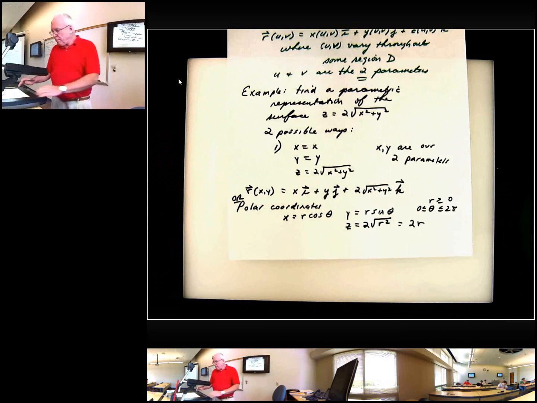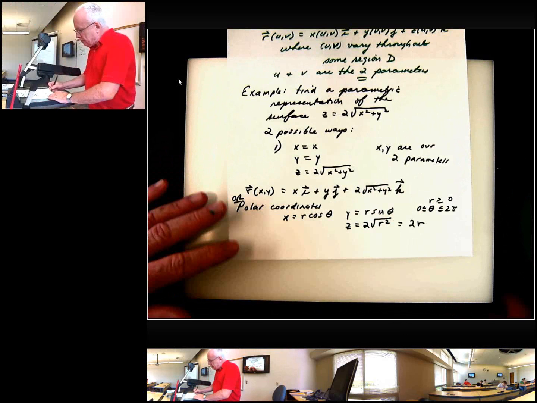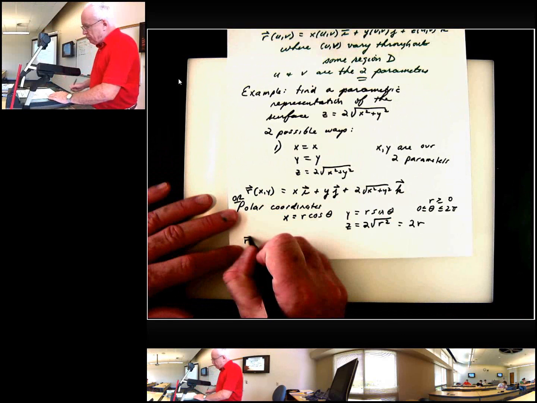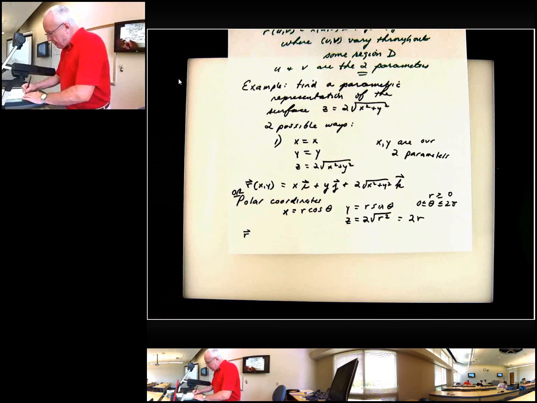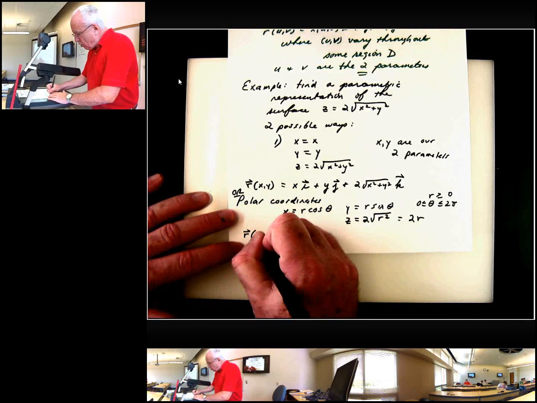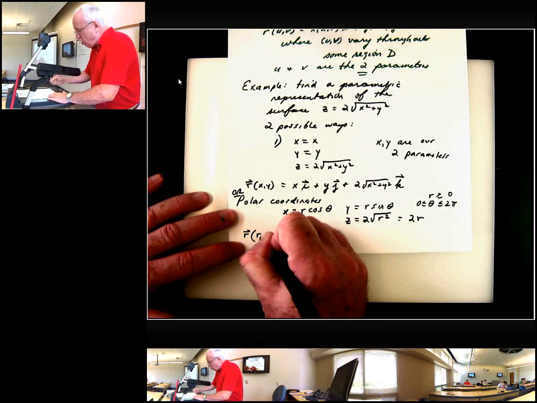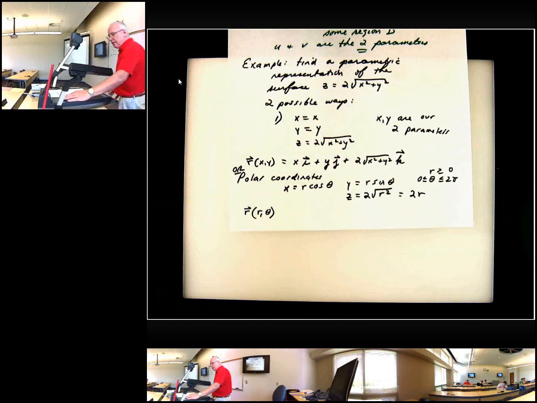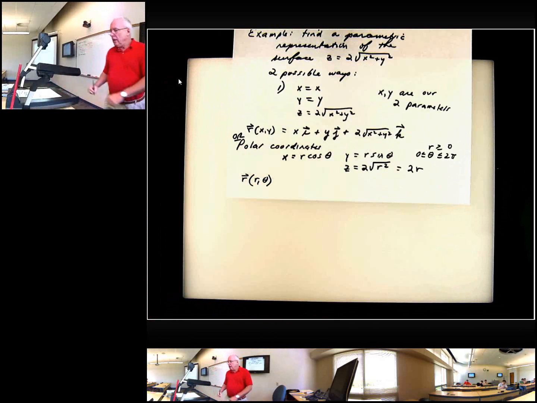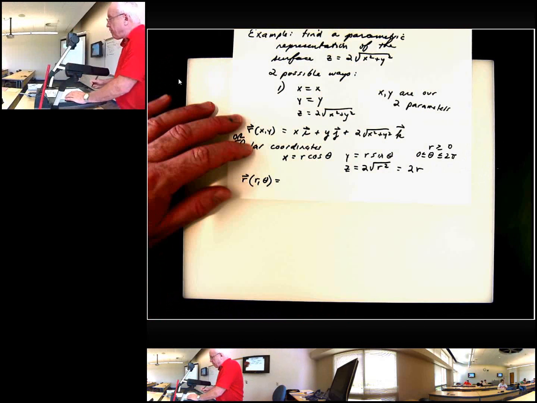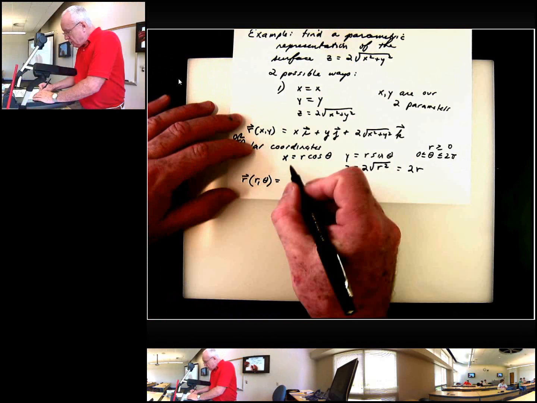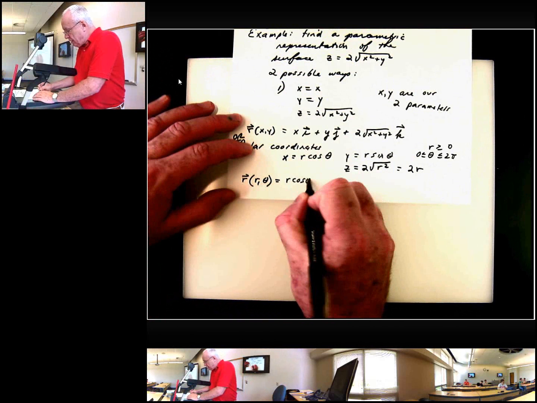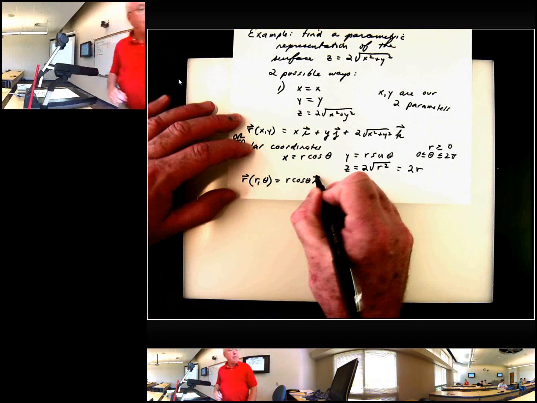And so we can represent then, let's get our function, our surface then would be r, that vector r. Now our parameters, though, are r comma theta rather than x comma y. And we just write our various functions here. X is going to be r cosine of theta, and that's times the i vector.